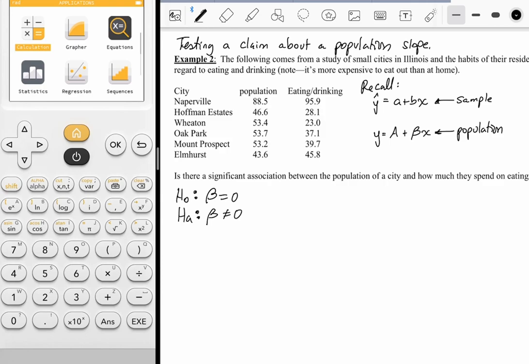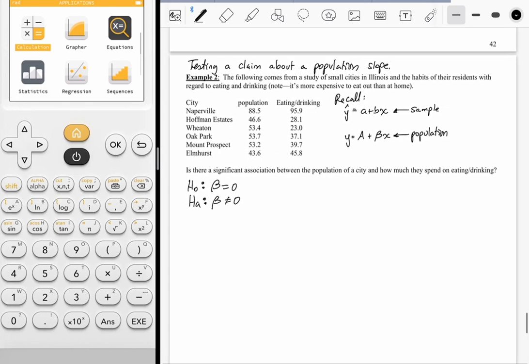But they could also say, test the claim that the slope is positive, greater than 0, negative, less than 0, right? They could also say, as an extension of this, test the claim that the correlation is positive, negative, or whatever. All right? We're just talking about slope here, but in your AP formula sheet, you have a rule.